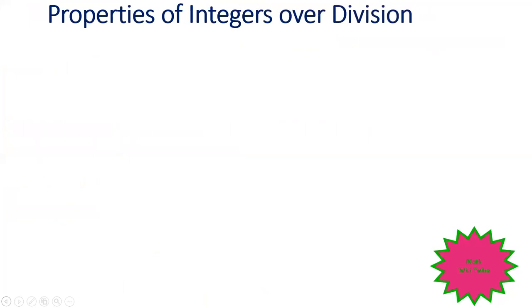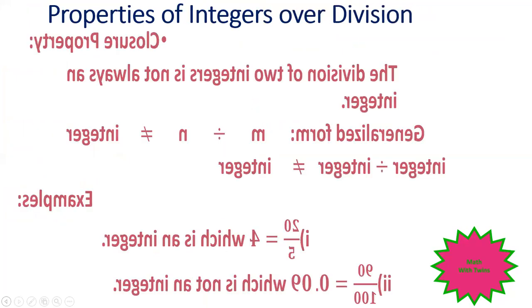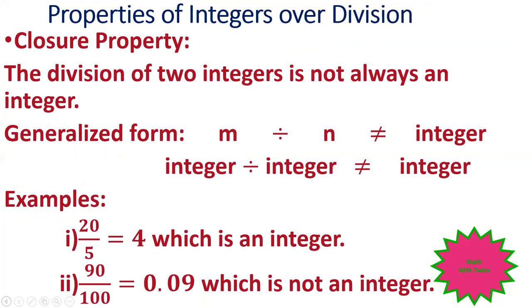Our next topic is properties of integers over division. By now we know what the closure property is. The division of two integers is not always an integer. For example, 20 by 5 gives 4, which is an integer, but 90 by 100 is equal to 0.9, which is not an integer.